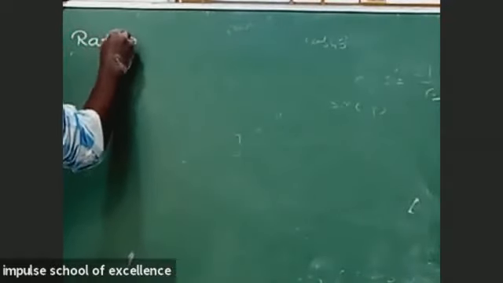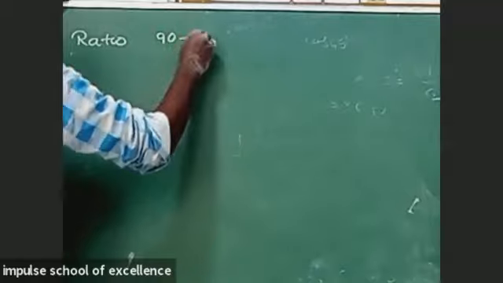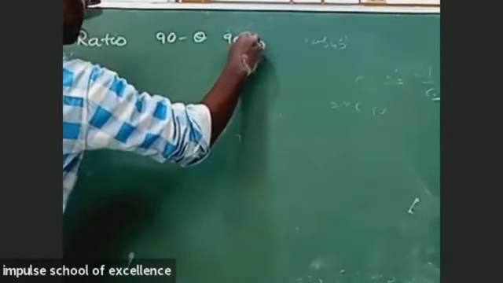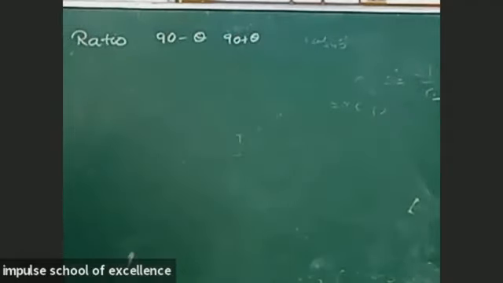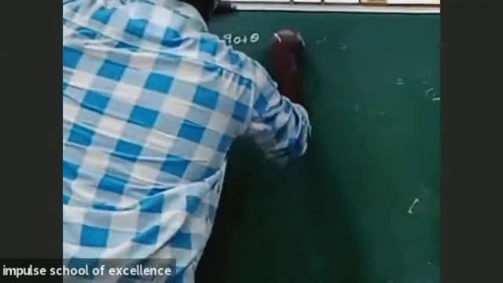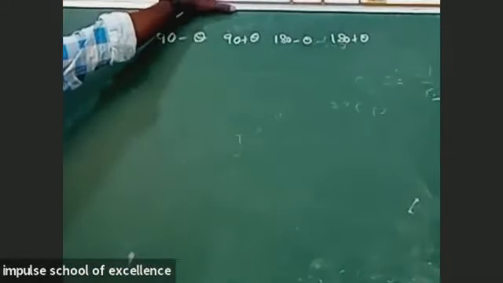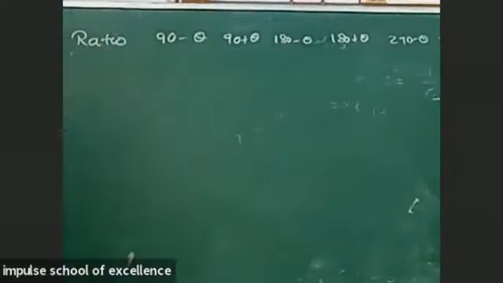Let us copy here ratio, and 90 minus theta, 90 plus theta. Next, 180 minus theta, 180 plus theta, and 270 minus theta, and 270 plus theta. 360 minus theta, 360 plus theta.